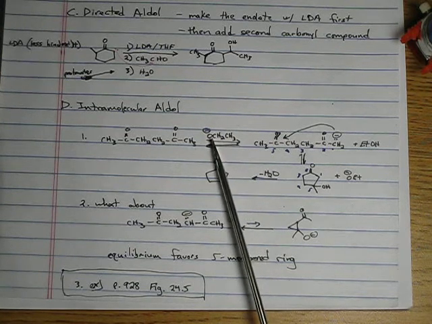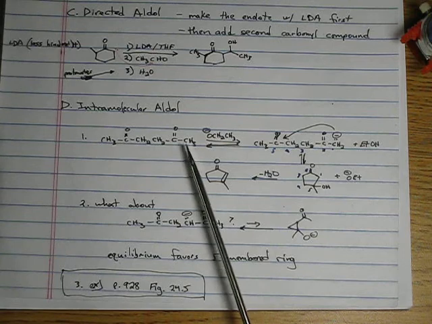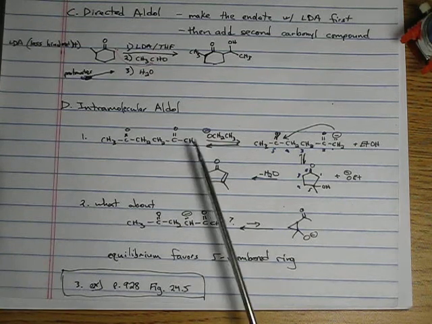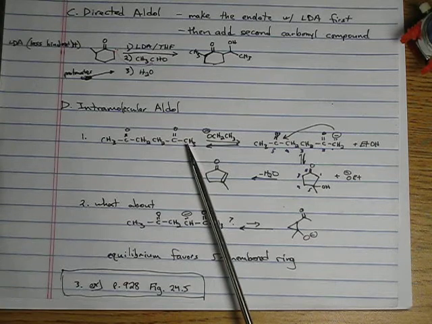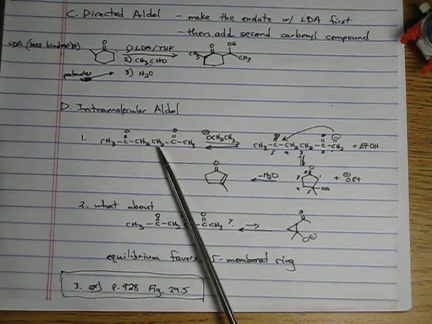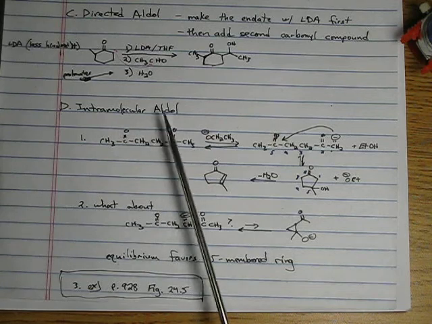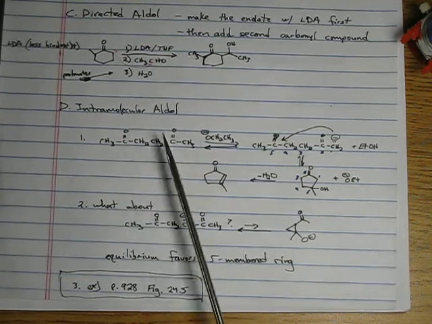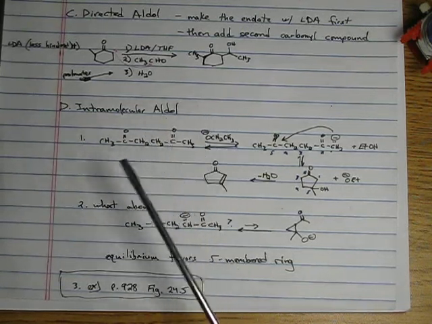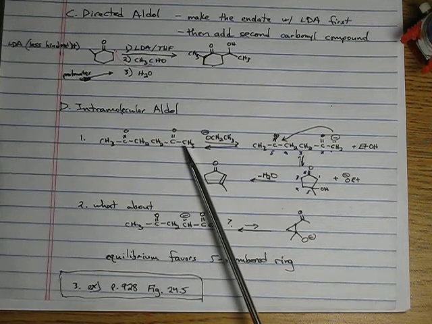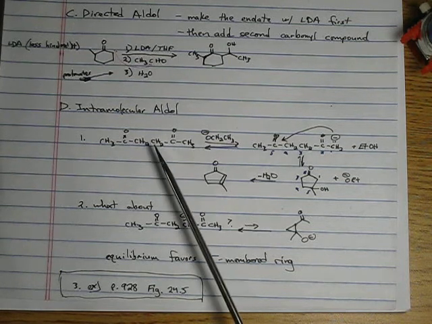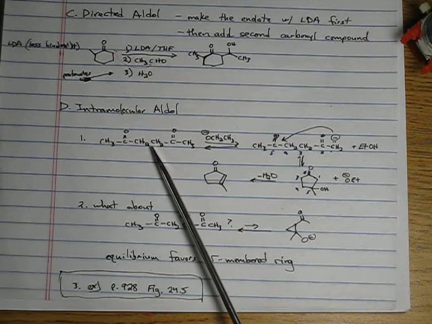We know that carbonyl compounds with alpha hydrogens and base form a carbanion. Could be here, could be here, but since this is symmetrical, we only get two possible carbanions, with the carbanion on this carbon here, or this carbon here.